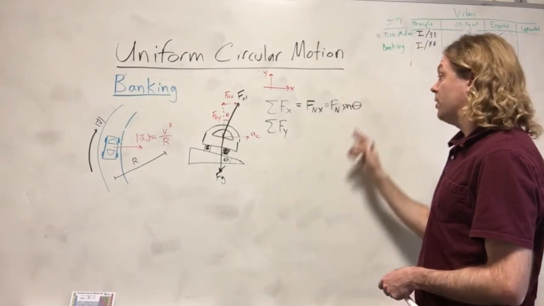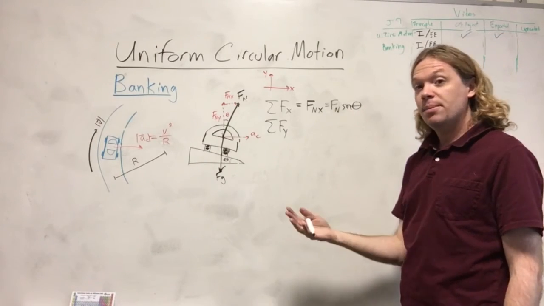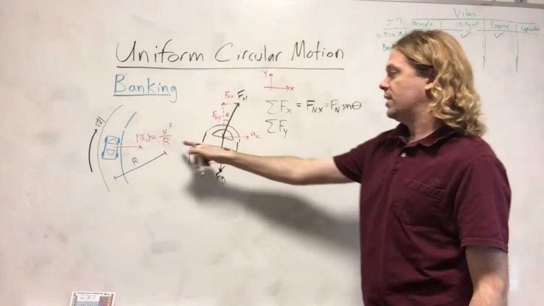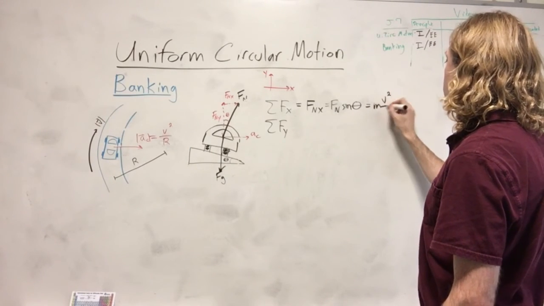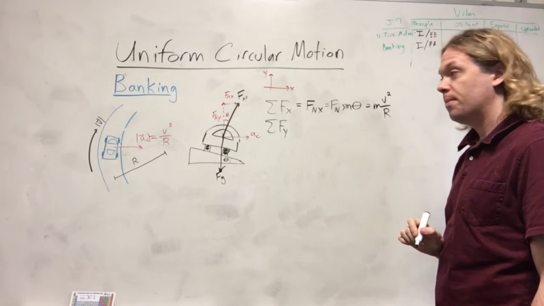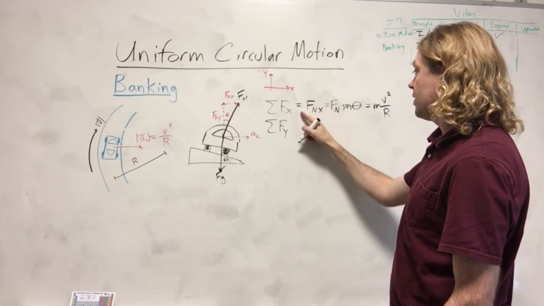And of course what I should do now is write, that's my left-hand side of my Newton's second law, I should write on the right-hand side m times the acceleration. Well, I know the acceleration is v squared over r, so I could just write this as m v squared over r. Okay, so that's my Newton's second law in the x direction.